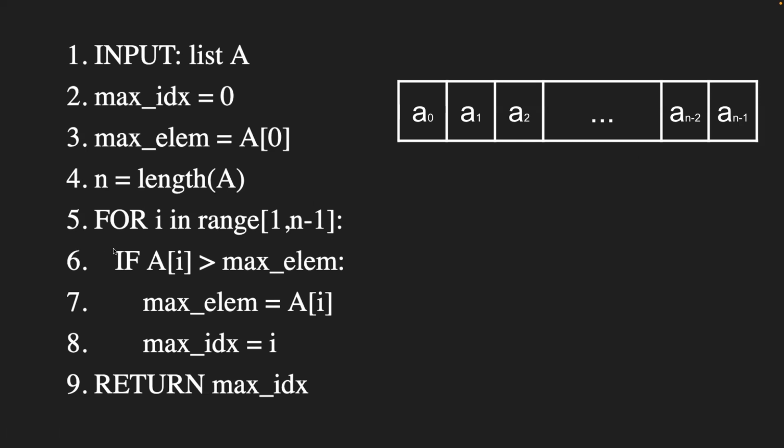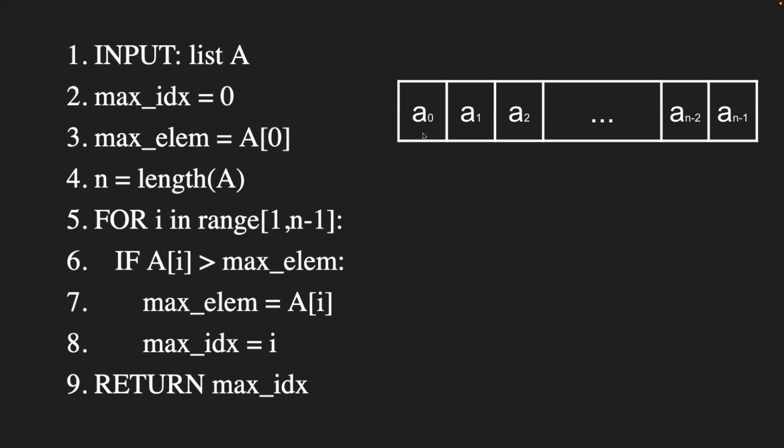And basically I want to loop through every element in my list. I look at each element and I say, if that element's greater than the current max, then I make that my new max element, and I store the index of that element as my new max index.